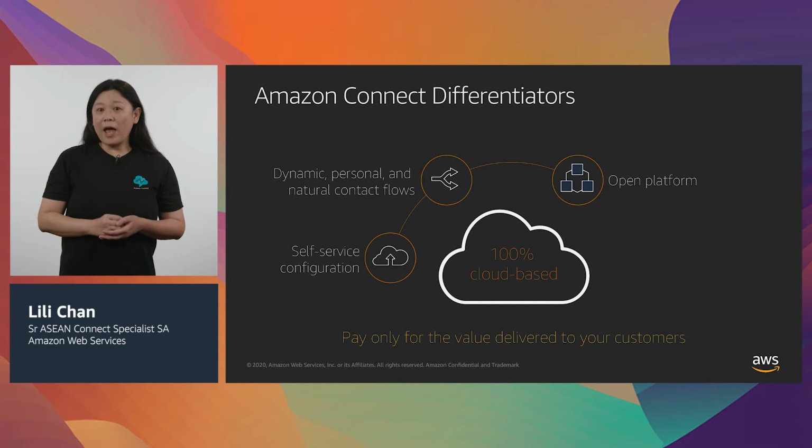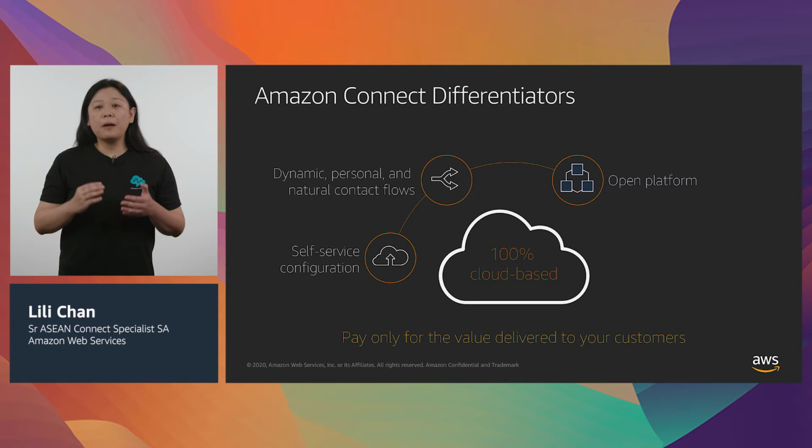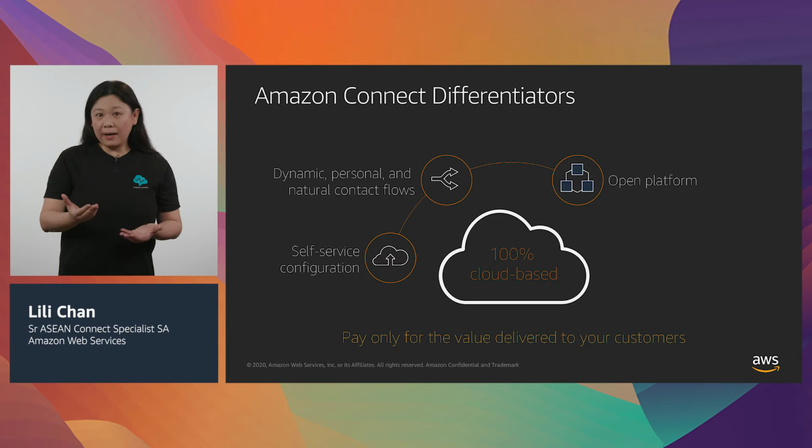Amazon Connect is also an open platform that is simple to integrate with other enterprise applications. By integrating with your customer data, you can anticipate end customer needs, predicting and delivering answers to questions before they are even asked.